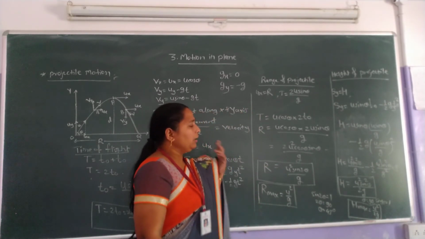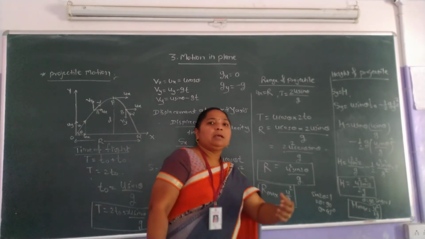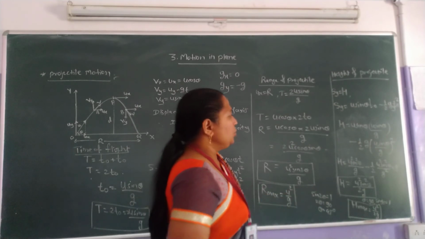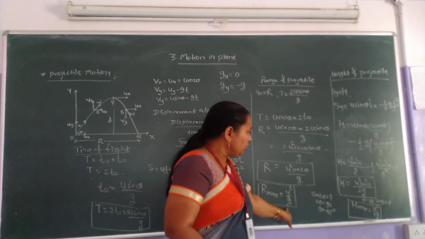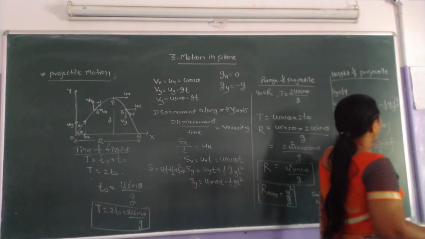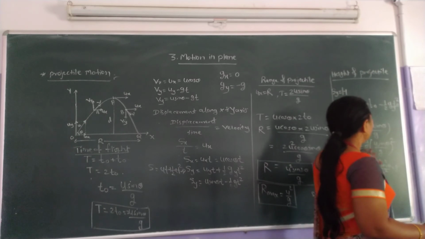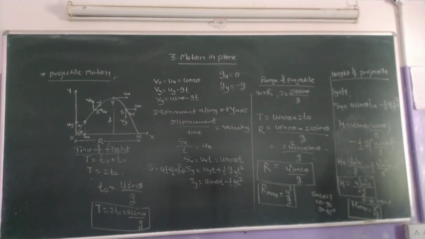These formulas can be used for R max and H max. R max is equal to u square upon g and H max is equal to u square sin square theta upon 2g, which becomes u square upon 2g.